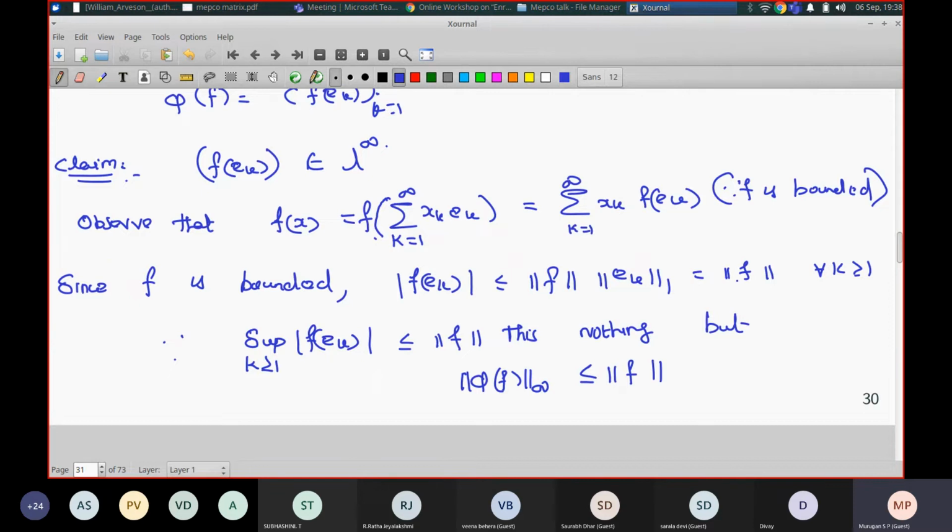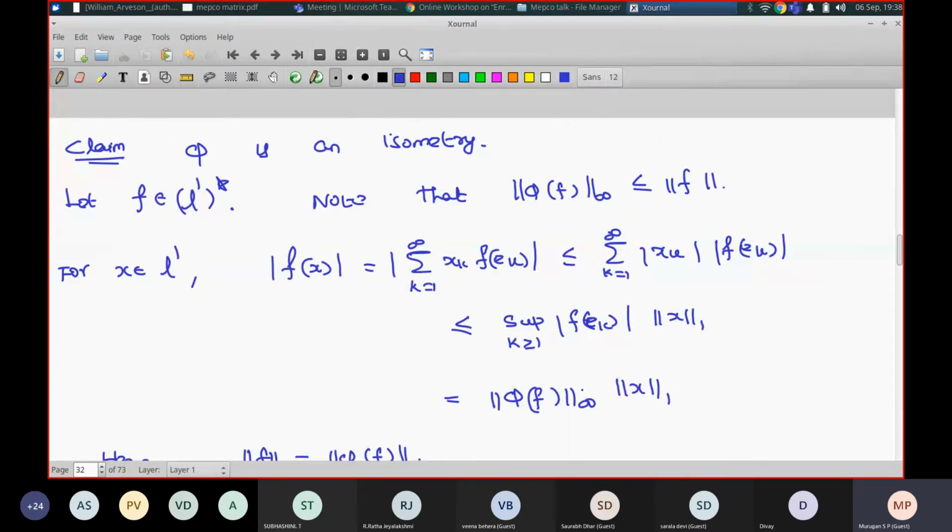This is 1. Therefore, for each k, the modulus of f(e_k) is less than or equal to norm f. Therefore the supremum is less than or equal to norm f. This is nothing but the infinity norm of pi f, which is a sequence. Therefore this is a bounded sequence, and it is well defined.